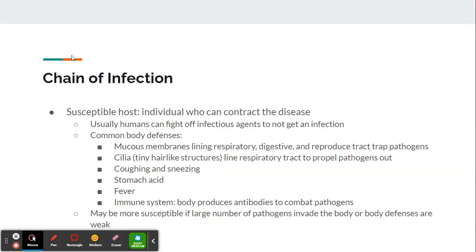And then above all else, we have our actual immune system that helps produce those antibodies to combat those different pathogens. Now, like we said, if there's a large number of pathogens or our body defenses are already weak, then we may be more likely to take in that pathogen and actually have it attack our immune system in our body.